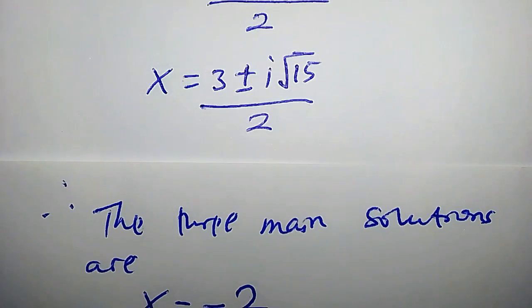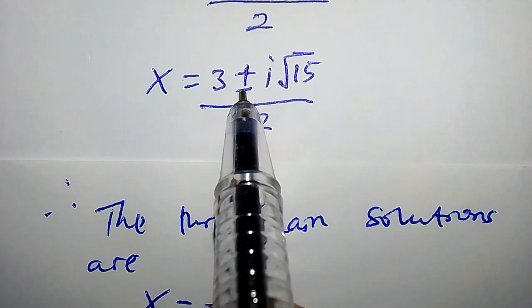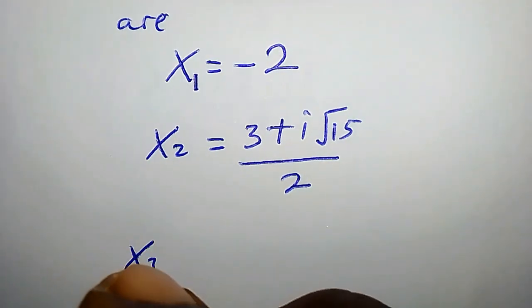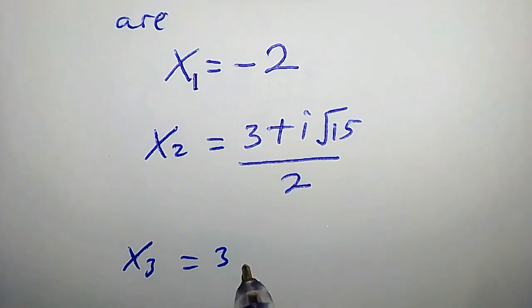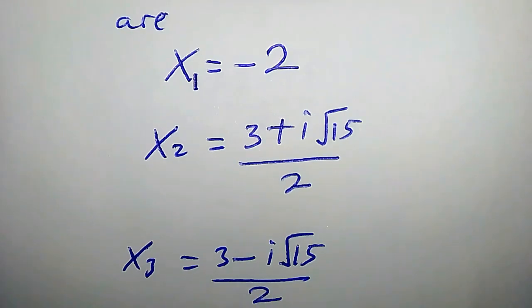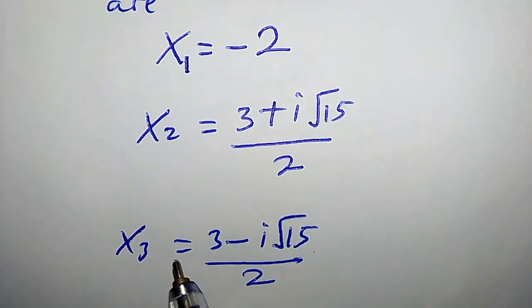Now, considering the negative sign, our x3 is simply 3 minus i times the square root of 15 over 2. These are the three solutions that we have for this nice algebra problem, but it is very good to verify at least one of the solutions.